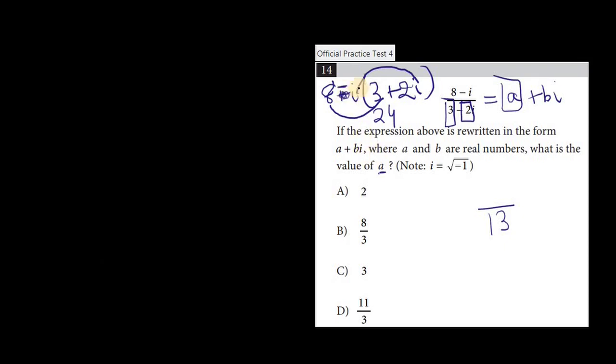So a negative i times a positive 2i is going to be negative 2i squared. And i squared is negative 1. So that's just going to make this positive. So 24 plus 2 is 26. Is it? Yes. And so I'll have 26 divided by 13, which is 2. There you go. 2 is your answer.